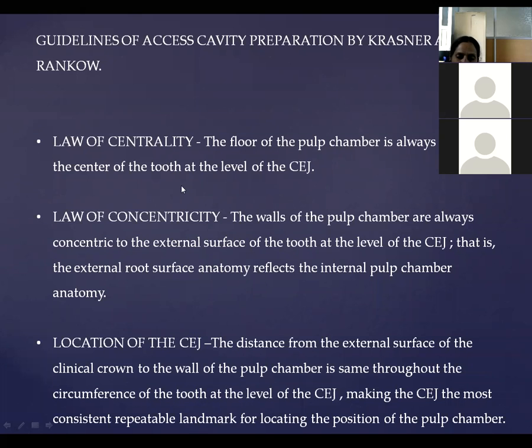In case of a calcified pulp chamber where the floor is not clearly demarcated, you can take the reference of the CEJ. You are not supposed to go deeper than the CEJ. If you go deeper, you will perforate the floor of the pulp chamber and land up in the furcation area of the roots.